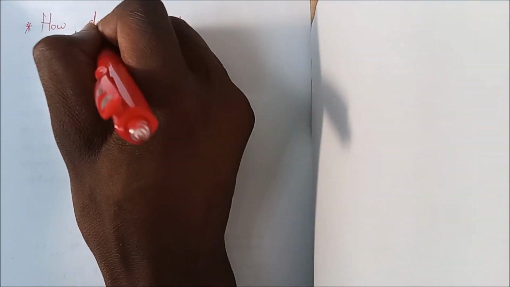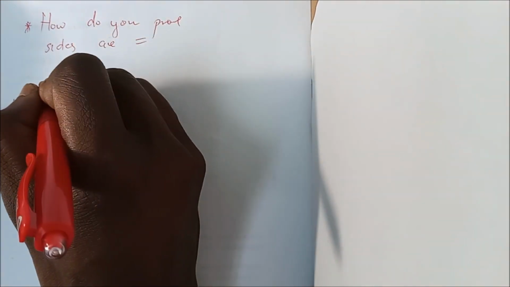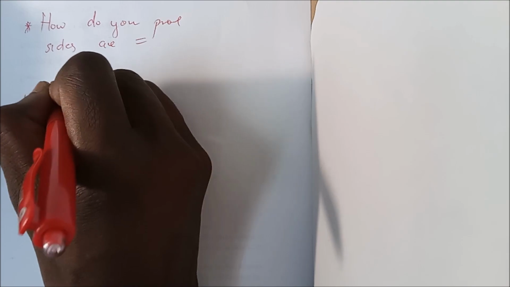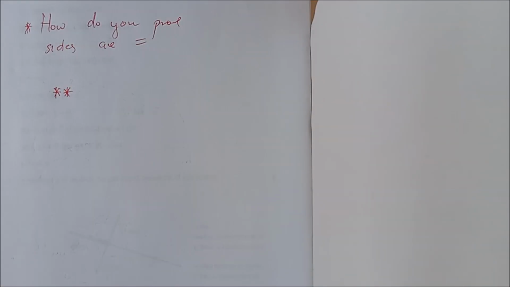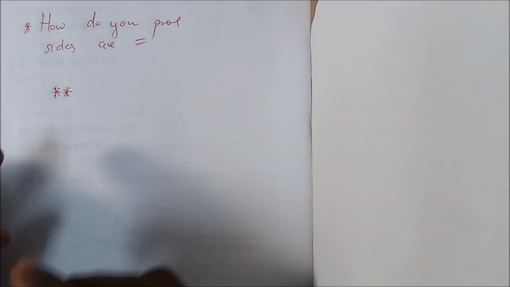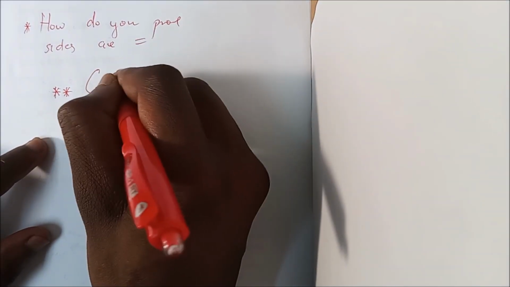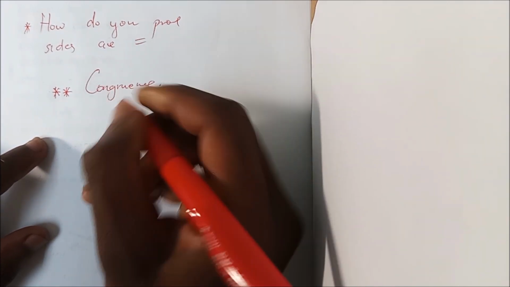Now, how do you prove sides are equal? To prove that two sides are equal, we use two ideas. The first idea is congruence.